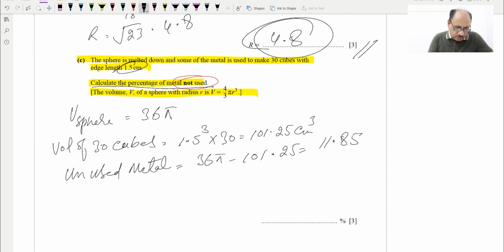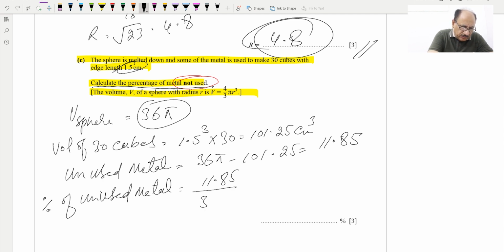The percentage of unused metal will be 11.85 unused out of the initial 36 pi we started with, multiplied by 100 for percentage.